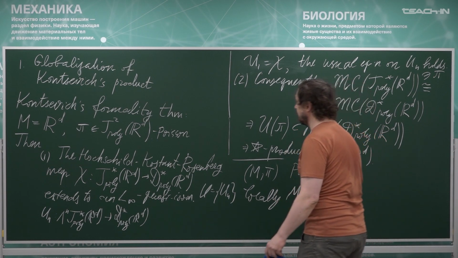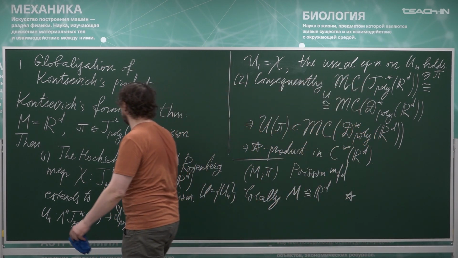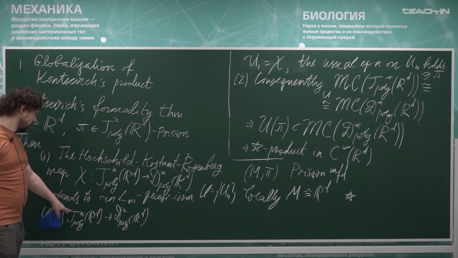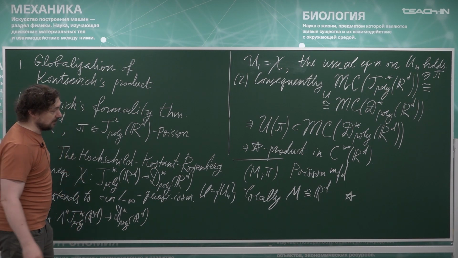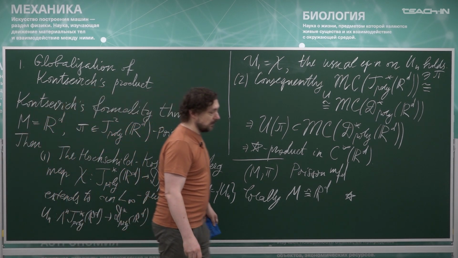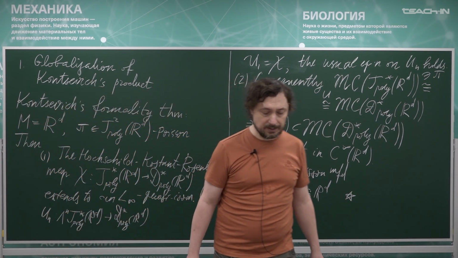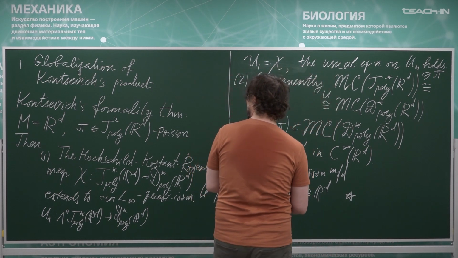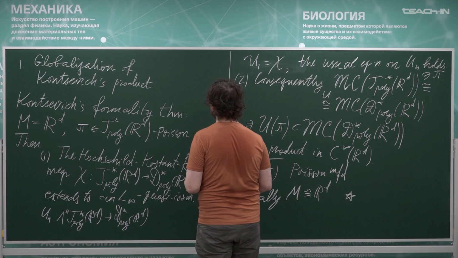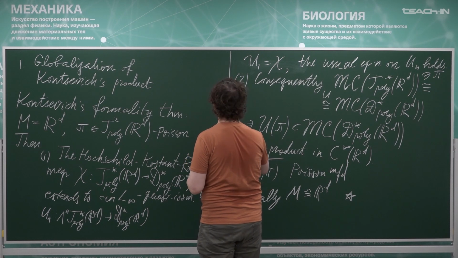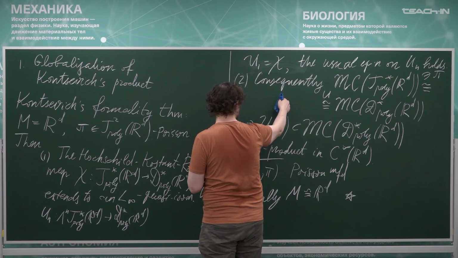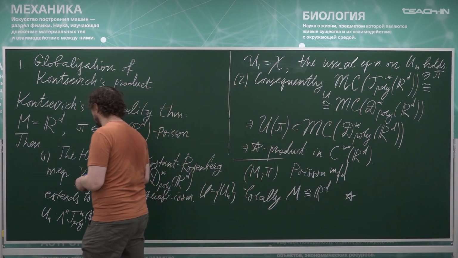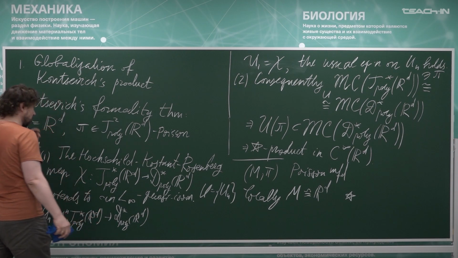And more generally, whether we can go from a locally defined formality morphism U to a globally defined formality morphism. Both questions have positive answers. Of course, the existence of the star product would follow from the existence of global formality.